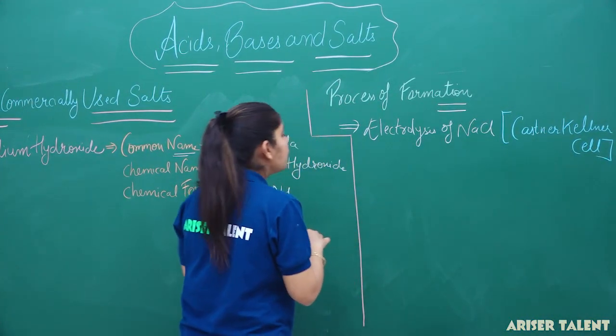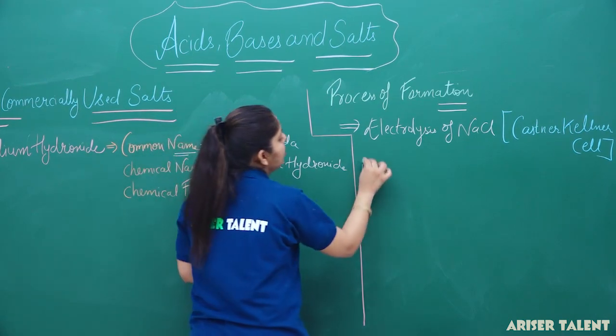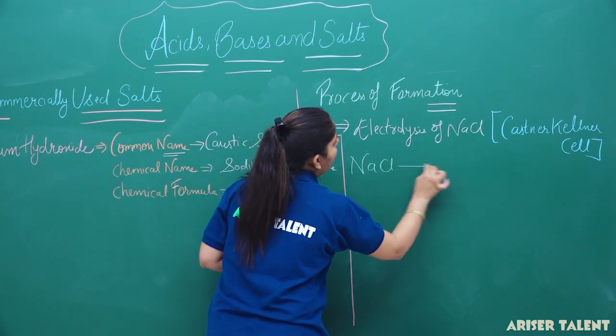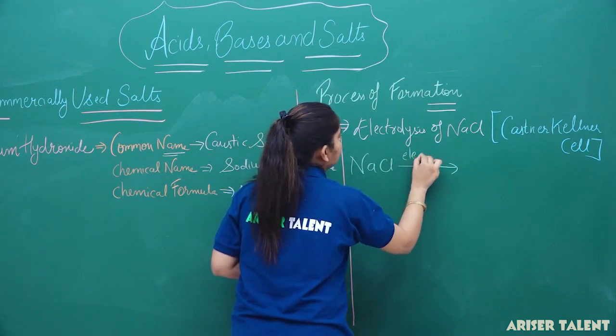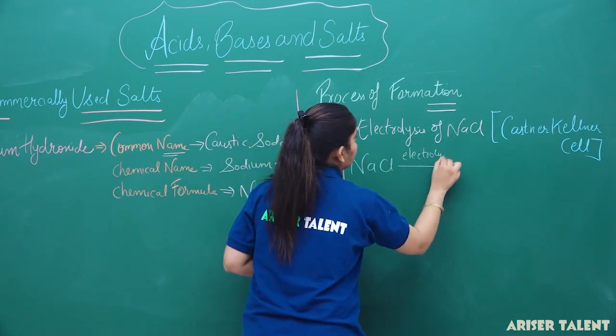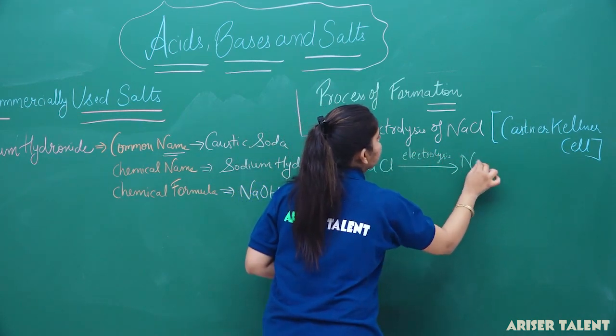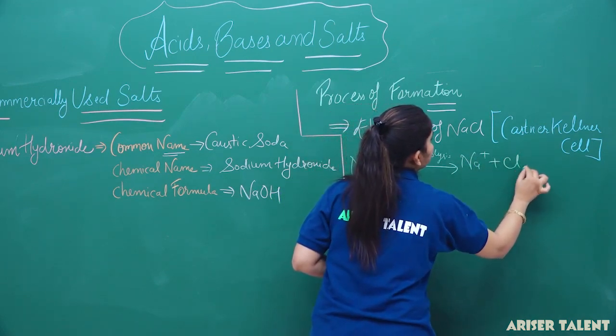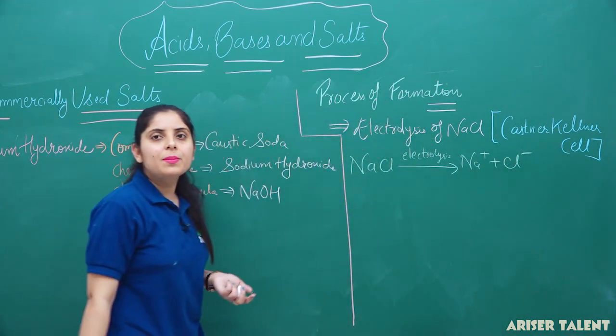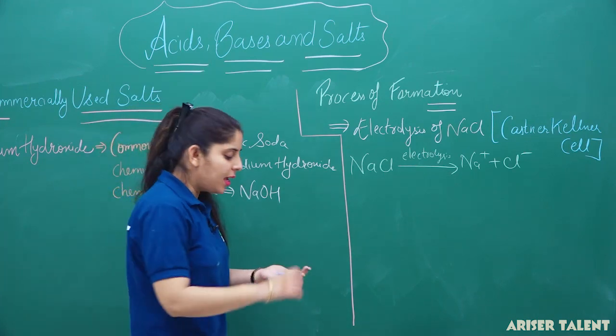Now, what happens on the electrolysis of the NaCl? NaCl on electrolysis will produce Na positive and Cl negative. So this will be the basic reaction for the electrolysis of the NaCl.